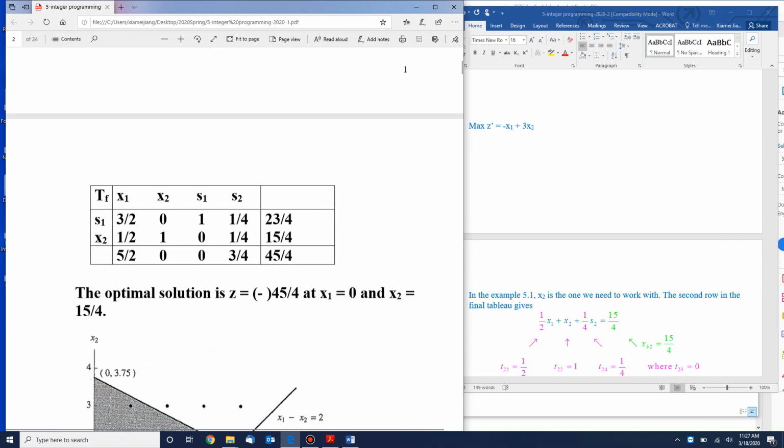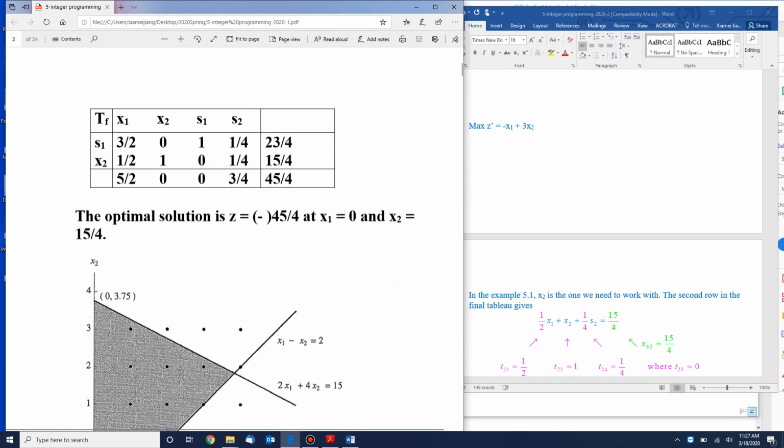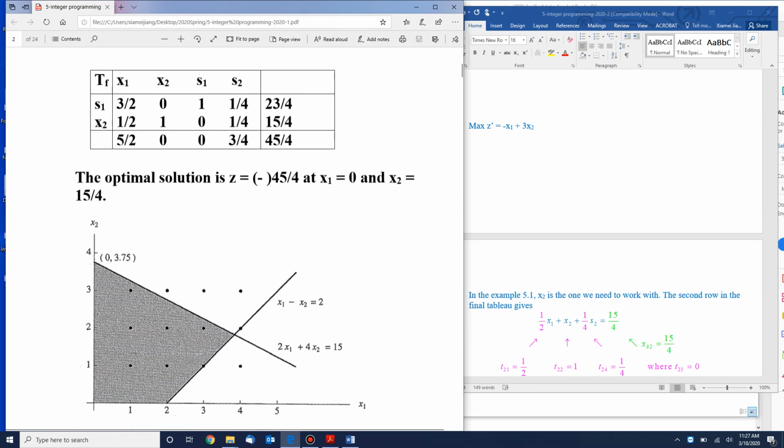Here is the final tableau, and from it you can easily see that x1 is a non-basic variable, so x1 equals 0, and x2 is a basic variable on the second row, and its value is 15/4. The objective function has the value 45/4, but that is the value for z prime. For the original problem, we should have z equals minus 45/4.